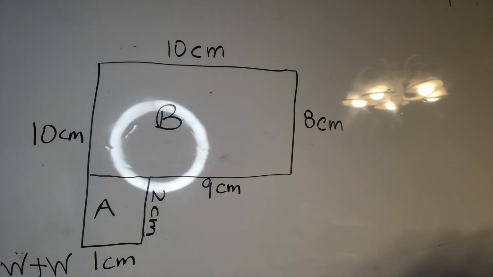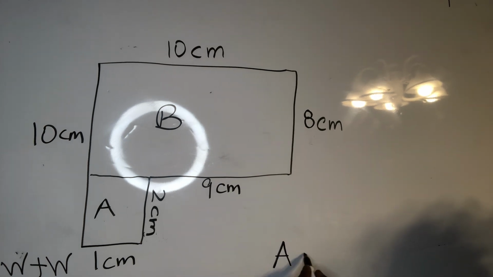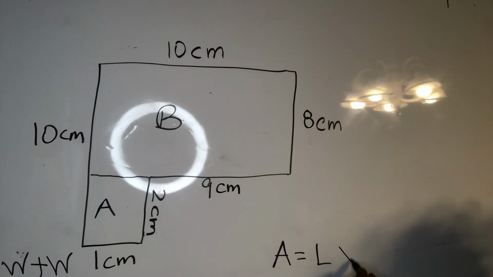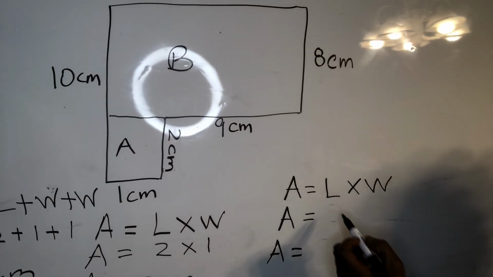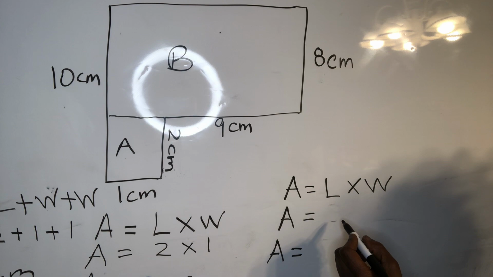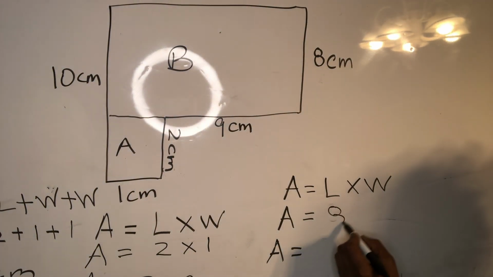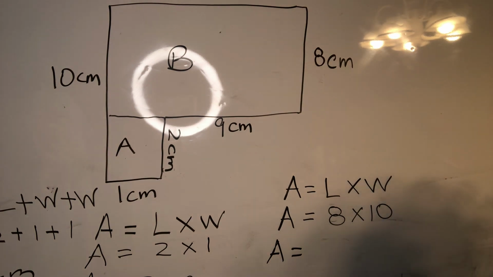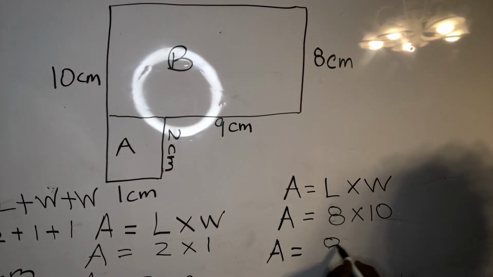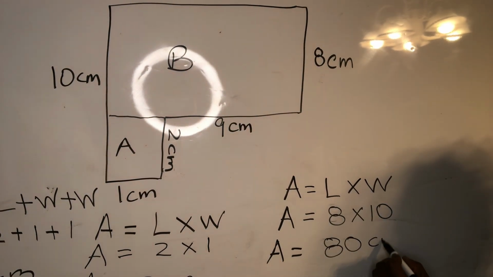In our formula for area, we have A equals L times W. So A equals, our length is 8, and our width is 10. Our multiplication is 8 times 10, which gives us 80 centimeters.